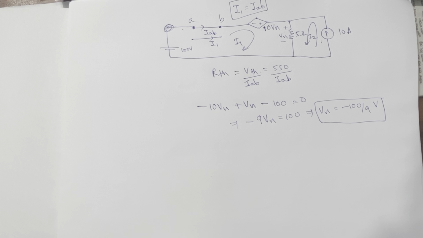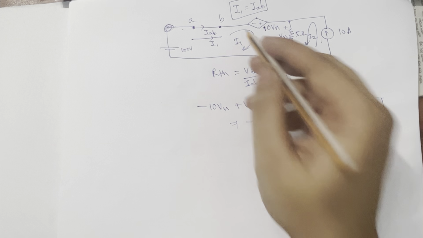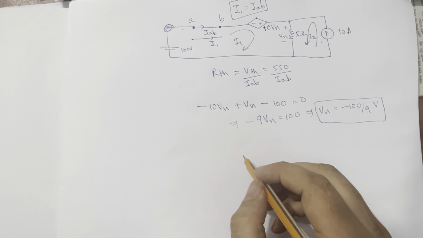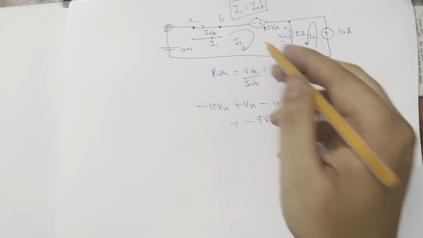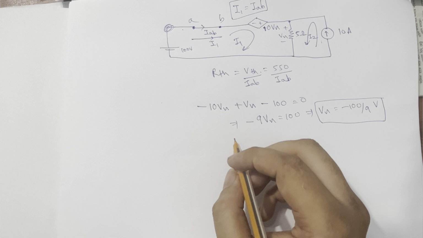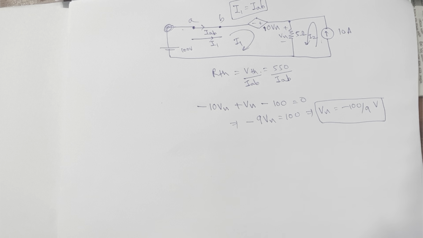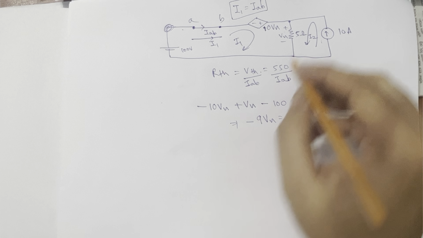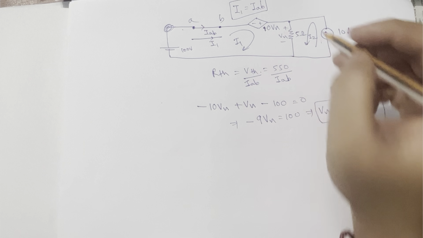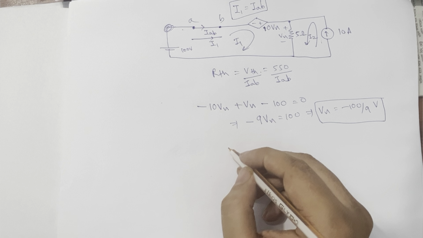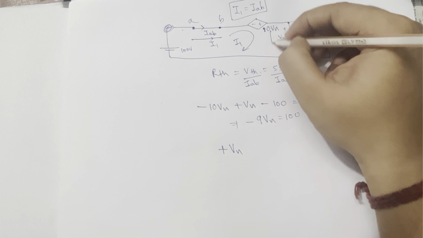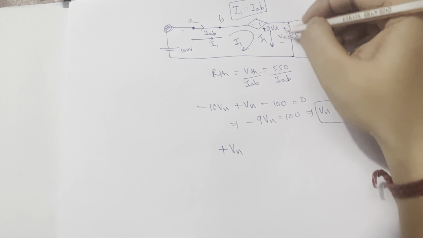Now that we know Vx, to find I1, let's write one more equation. We know that here the voltage drop is Vx. So if you use V equal to IR, here two currents are flowing: I1 from plus to minus only.